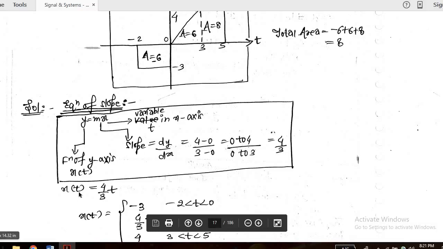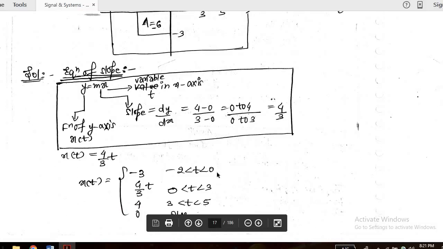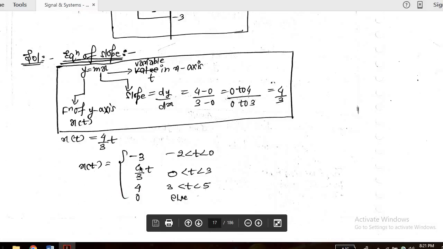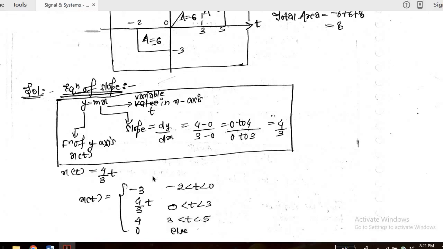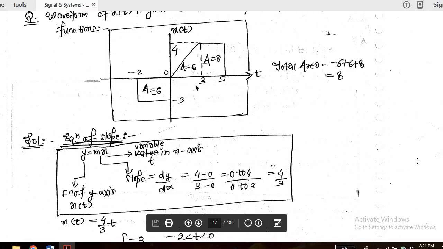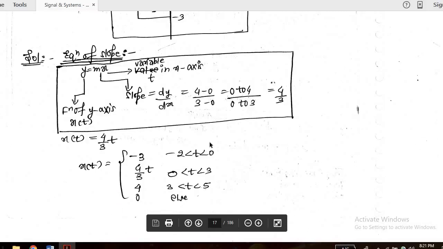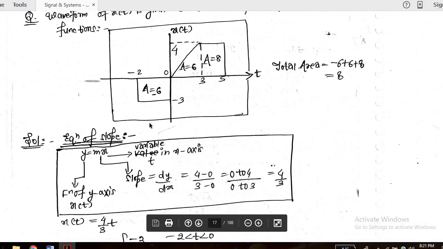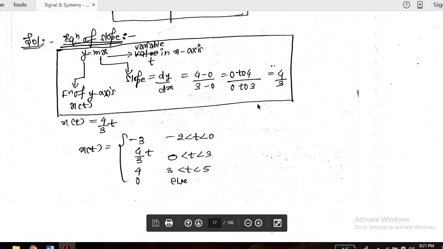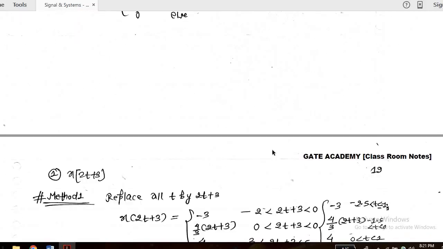So you are going to write x of t is equal to 4 by 3t. This is what is stated now. x of t is equal to minus 3 for the minus 2 to 0 range, 4 by 3t for the 0 to 3 range, and 4 for the 3 to 5 range, and 0 elsewhere. Elsewhere means t less than minus 2 and t greater than 5.